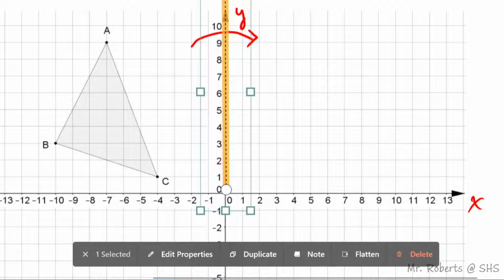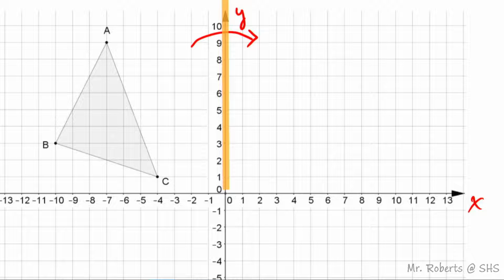When I reflect across it, everything on the other side is equal distance from it. So -7 is going to become +7 for my A. This would be the location of A prime. -4 is going to become +4 for C. This is going to be C prime. And -10 is going to go to +10, and B was up at 3. So my y values aren't changing at all. This is going to be B prime.